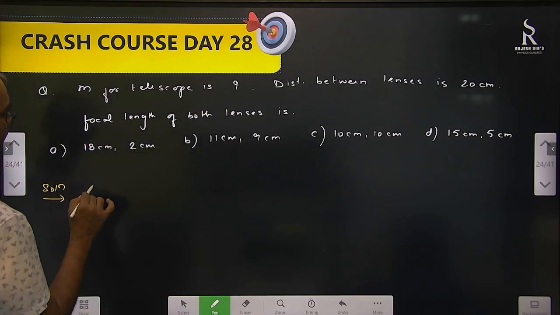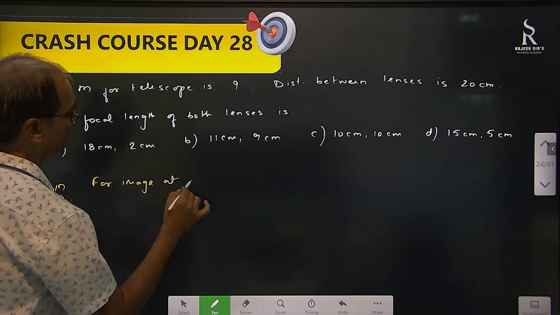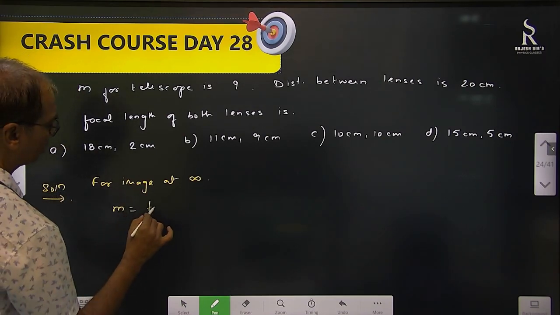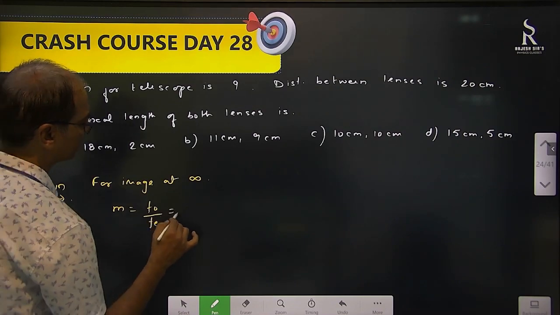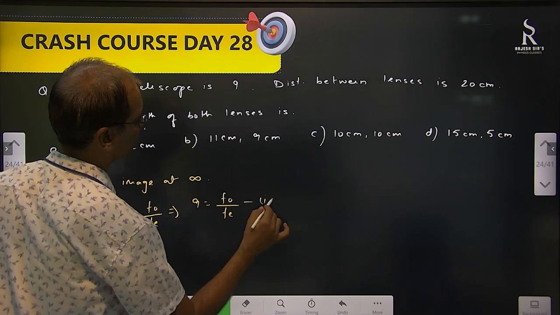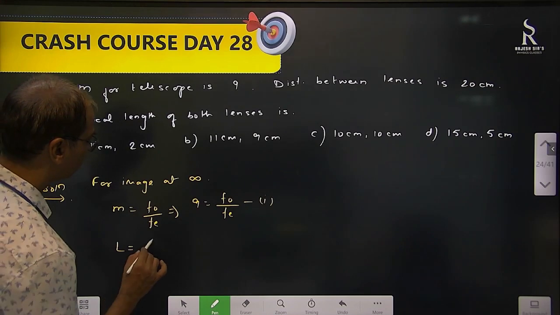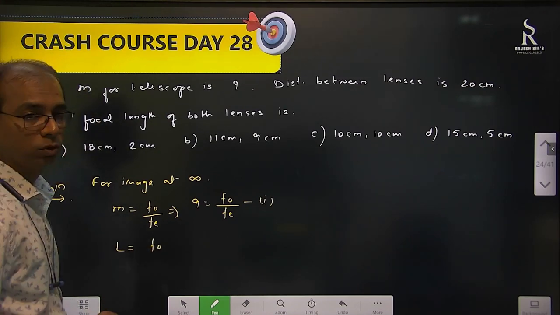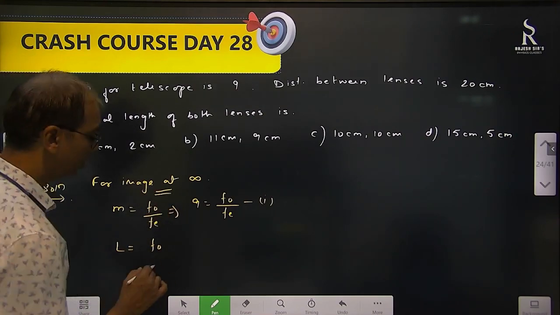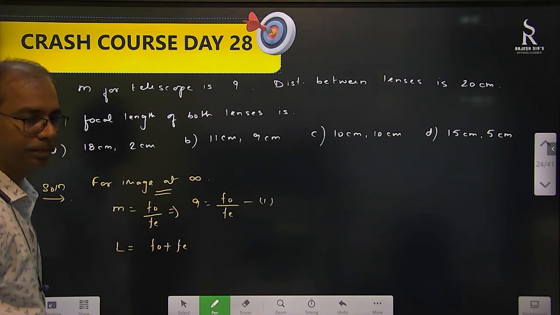So let's see first for image at infinity. Magnification is 9, so it's FO by FE. So 9 equal to FO by FE. Distance between the lenses, that means length. Length is FO plus UE. But we are taking that image is at infinity, that means UE will be equal to FE. So L is FO plus FE.